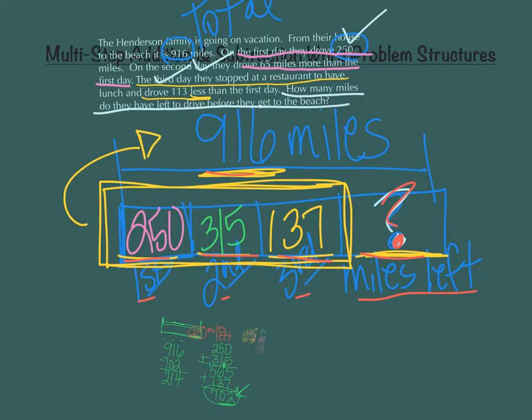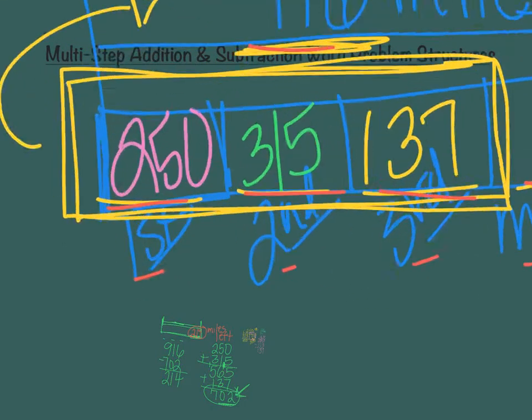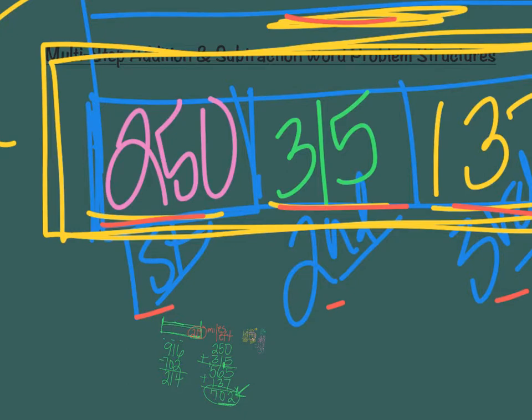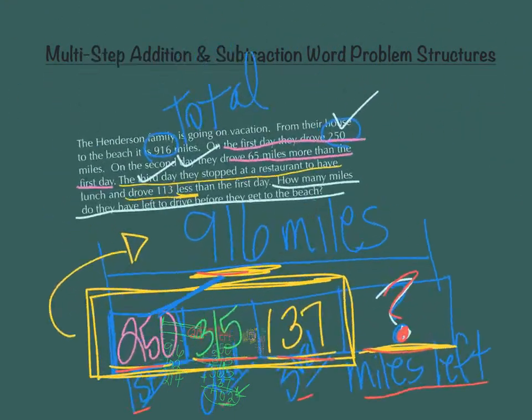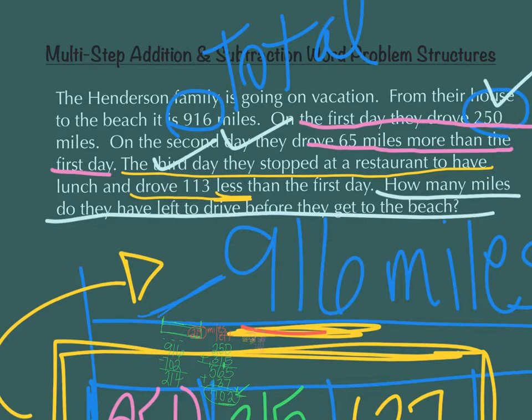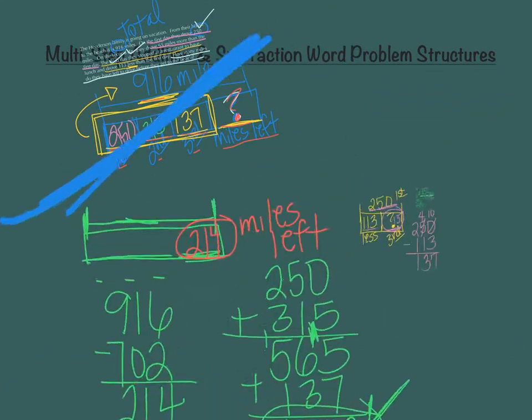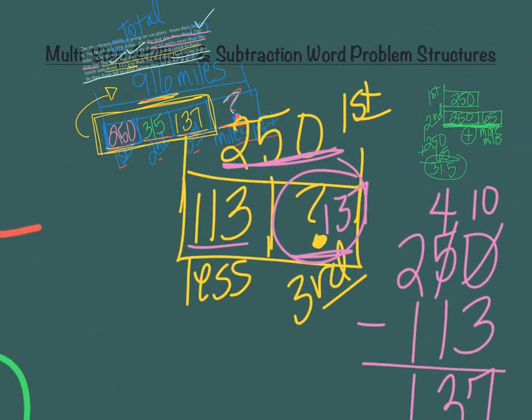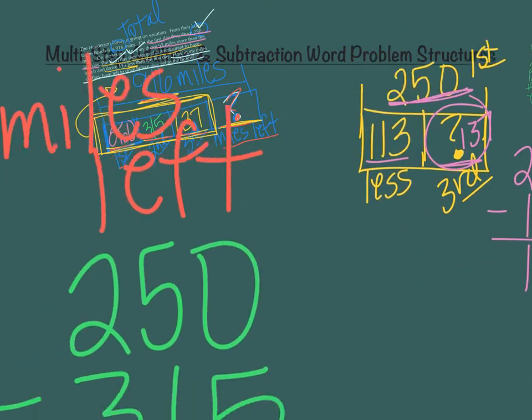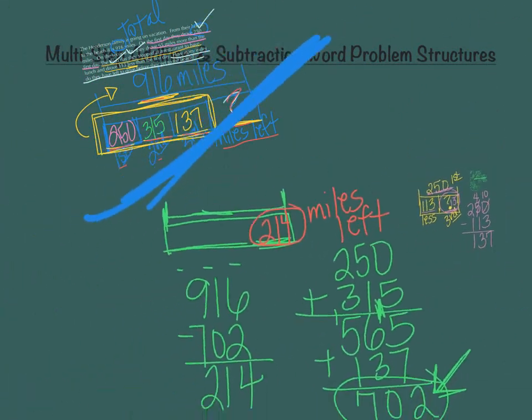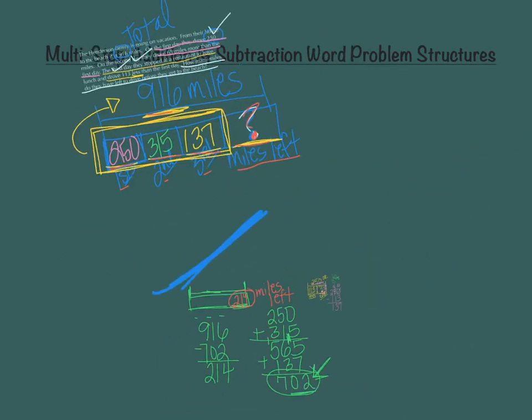So step 1. And then we had, well, first day was easy because that was our duh. It told us. Easy, easy. Told us what we had on the first day. Then to figure out the second day, we had to read our problem and it said that they drove 65 miles more. So let's see what we did. We showed it right here in the 65 miles more.